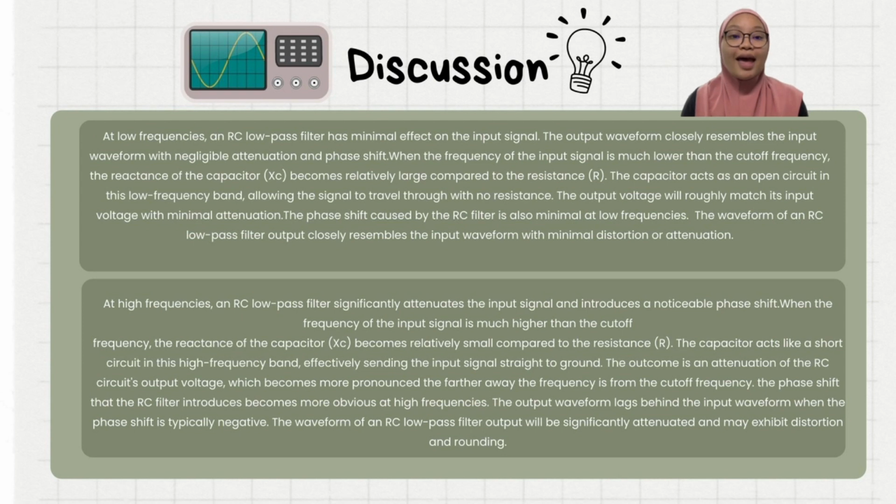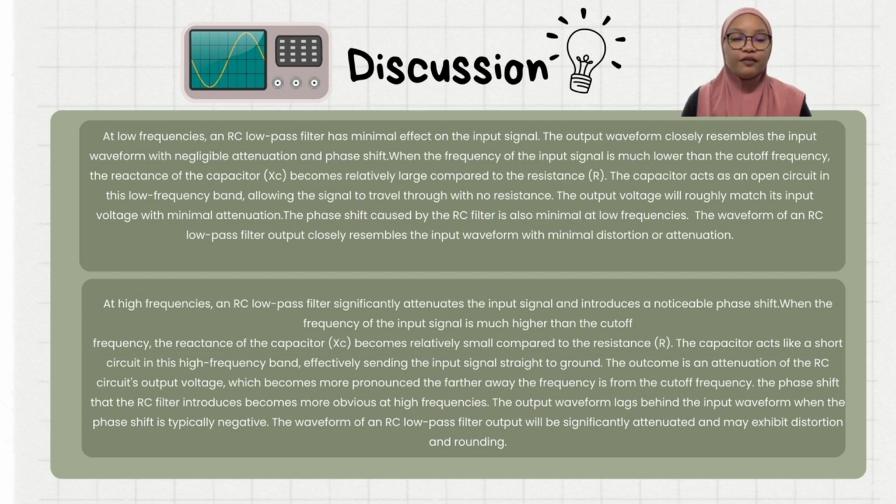The capacitor acts like a short circuit in this high frequency band, effectively sending the input signal straight to the ground. The outcome is an attenuation of the RC circuit output voltage, which becomes more pronounced the farther away the frequency is from the cutoff frequency.